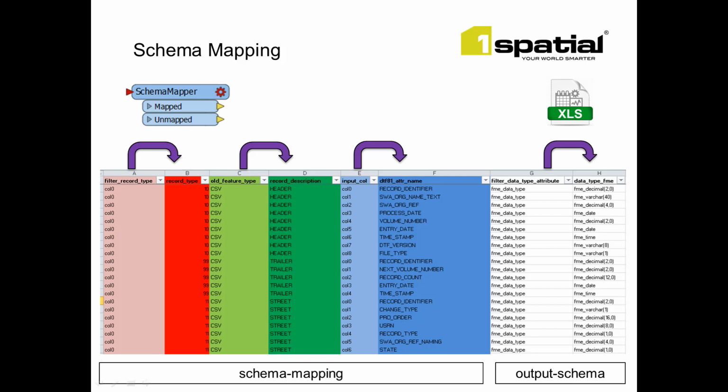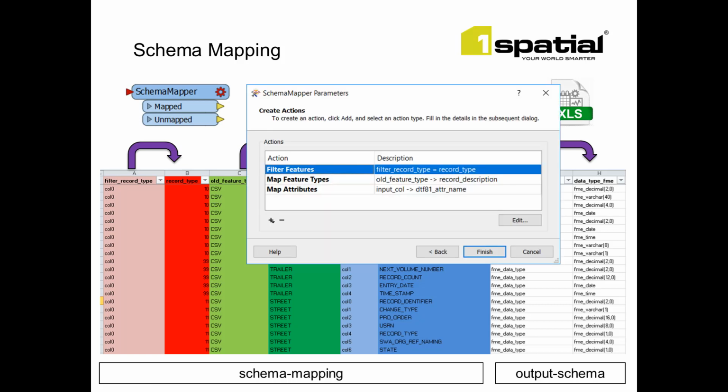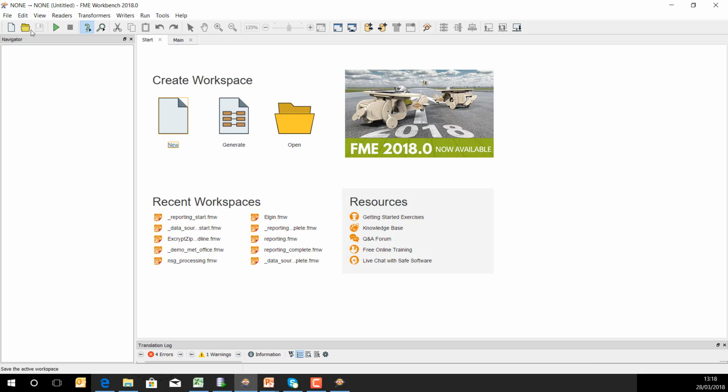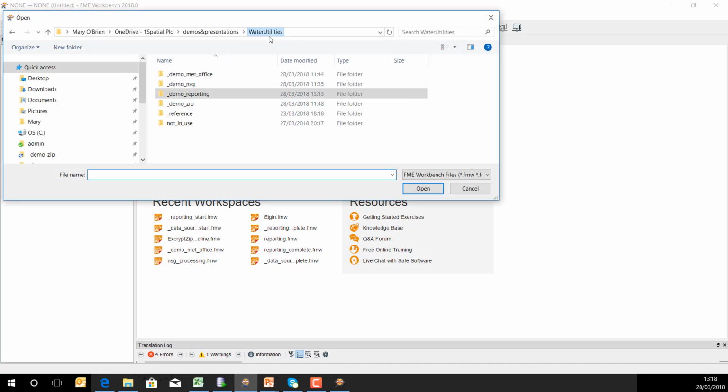So, for example, records with a col 0 value of 11 should have a col 3 value mapped to the USRN column of the street table, and so on as defined in our spreadsheet here. And then here in the schema mapper, we pointed at that file, the Excel file, and then we define the mapping like we've done here. Okay, well, let's take a look at what it looks like in FME.